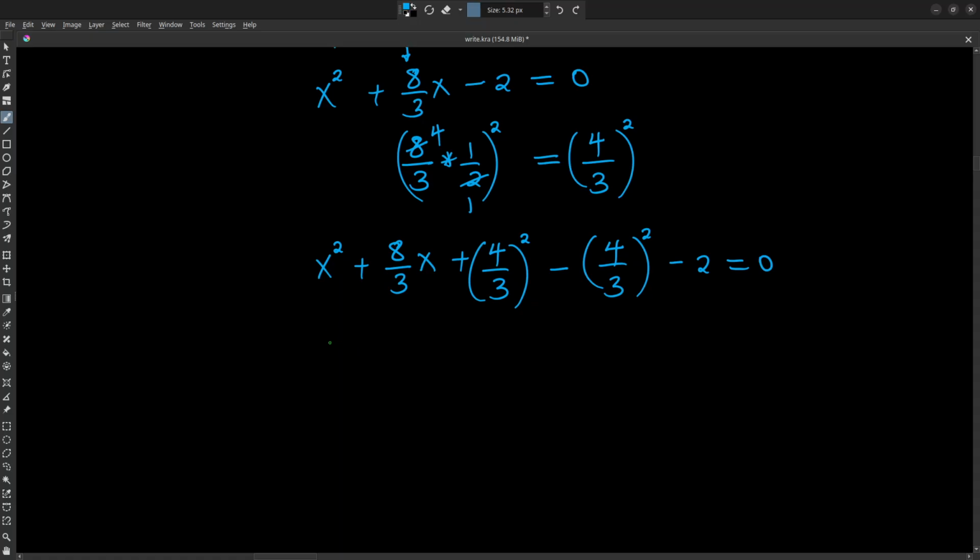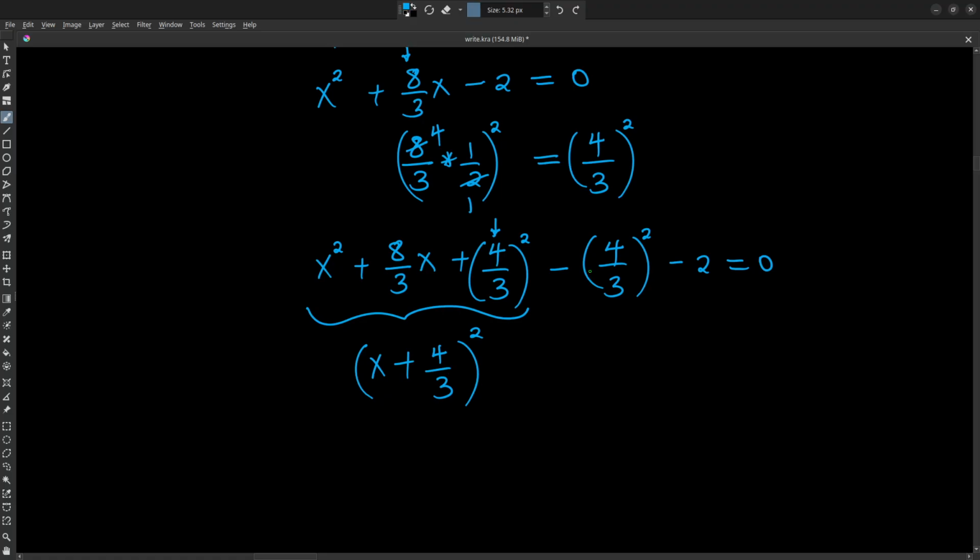But what has changed is that these first 3 terms are now a square. So this is the same as doing x plus this term right here. So x plus 4 over 3, all squared. So all these terms now collapse to a square. It's why this method is called the completing the square method.